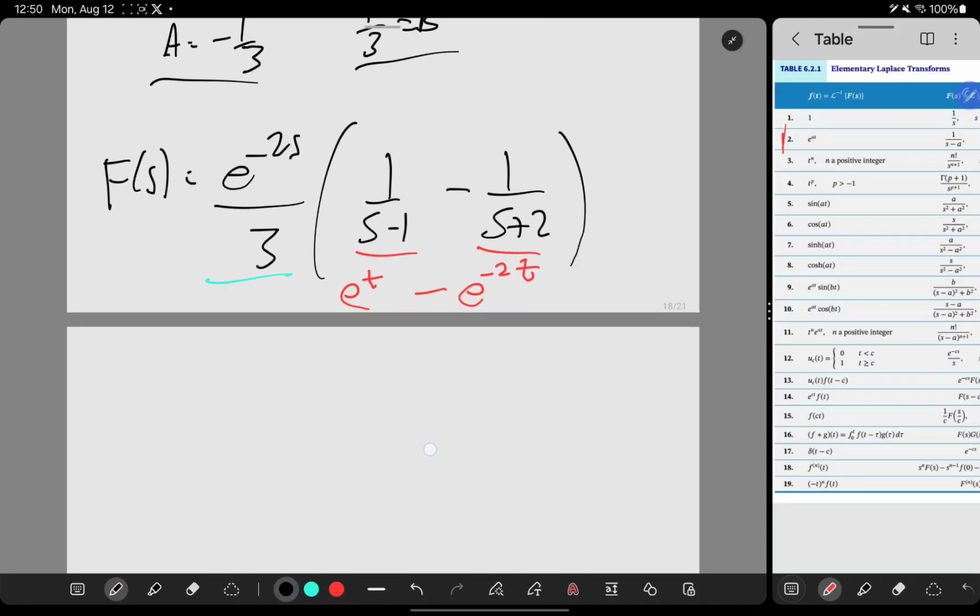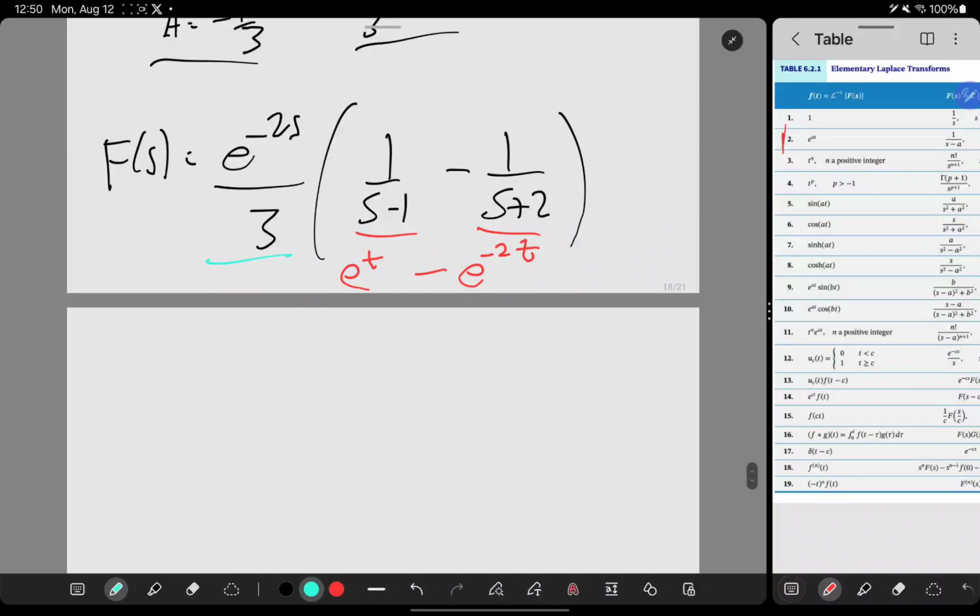So this one would be, we're going to look down here. u to the ct. c in this case is 2. So u2 of t times f of t minus c, which is 2. So that would be this one.